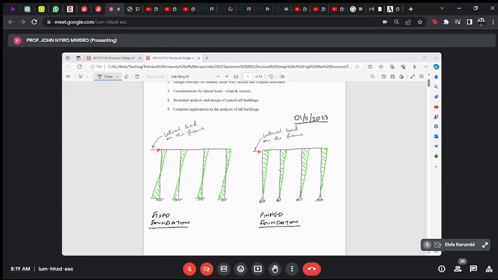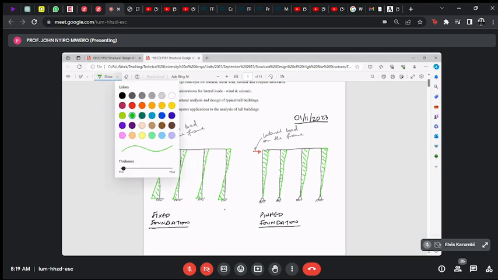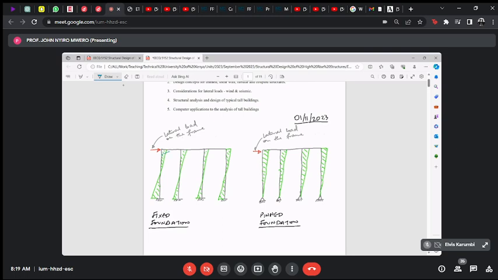And the beams will have a bending moment that looks like this. Bending moments like that on the beams.